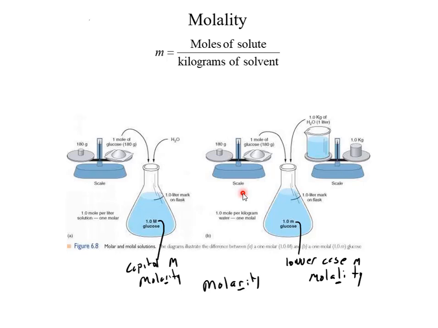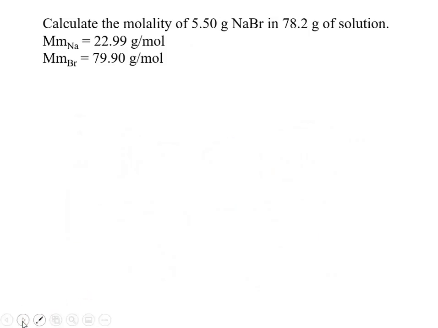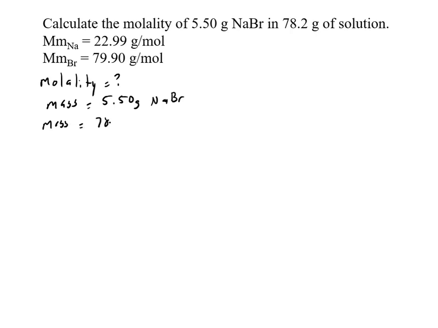Now, let's do some problems here, okay? And this problem, it wants me to calculate the molality. So molality is what I want to know. If I have a mass of 5.50 grams of NaBr, and I have a mass of 78.2 grams of solution.